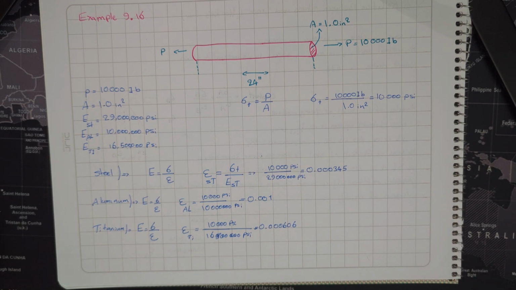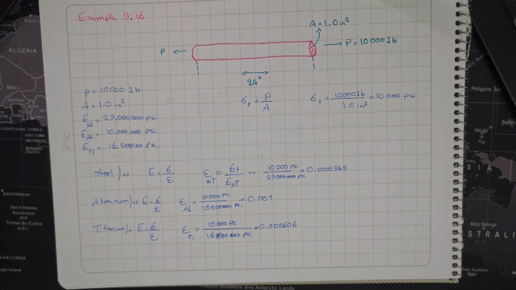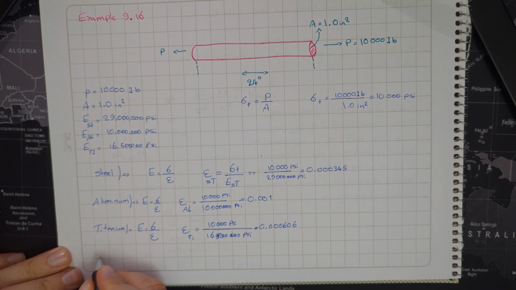Okay, and we want to compute the total elongation for each material as well. So we can use, obviously, this equation. Epsilon equals elongation over length.